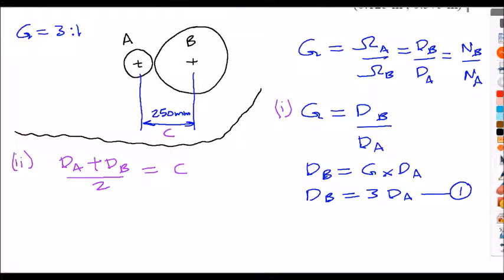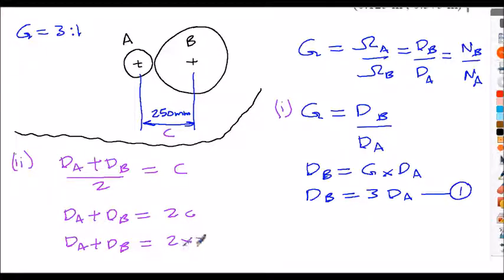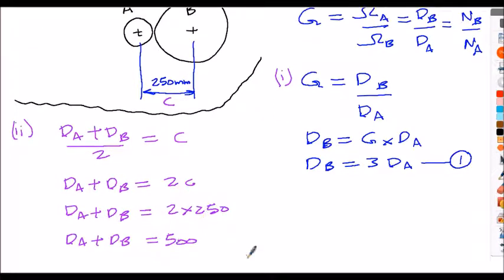So I can rearrange the equation: dA plus dB is equal to 2c. But I know c is 250, so dA plus dB is equal to 2 times 250. Call that equation 2. Now I've got two equations with the same unknowns, dA and dB. I can now solve that.